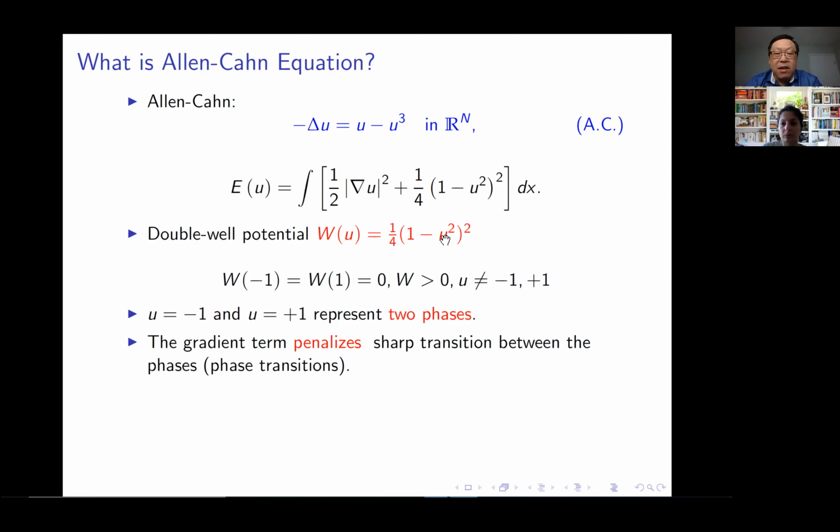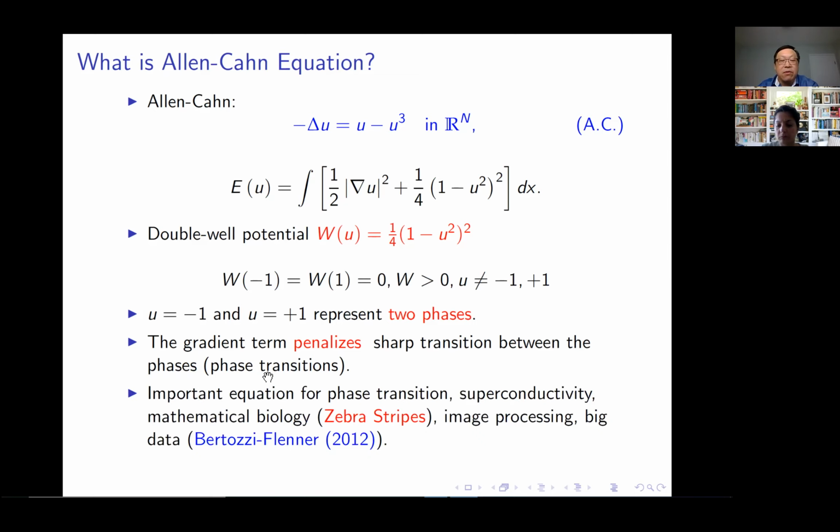However, the gradient term penalizes a sharp transition between the phases. You cannot have a sharp transition from minus 1 to plus 1; you must have something in between, because of the kinetic term. This is called a phase transition.